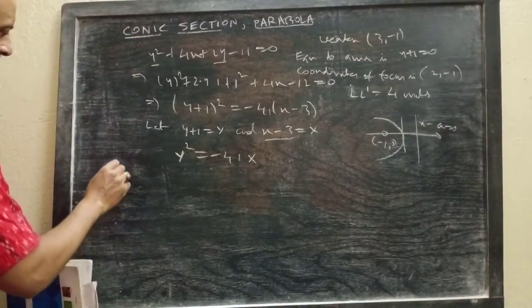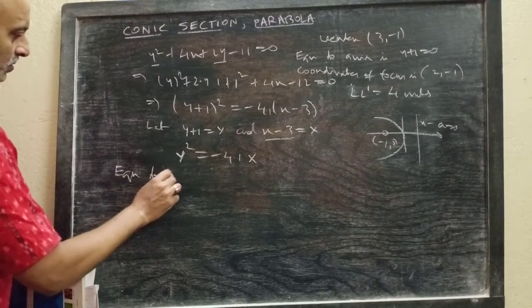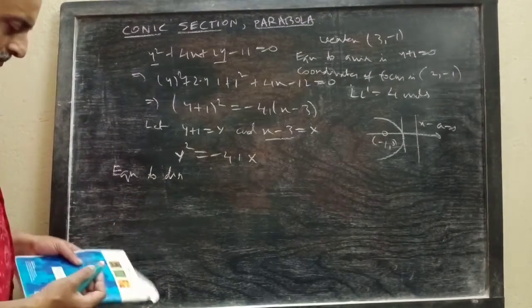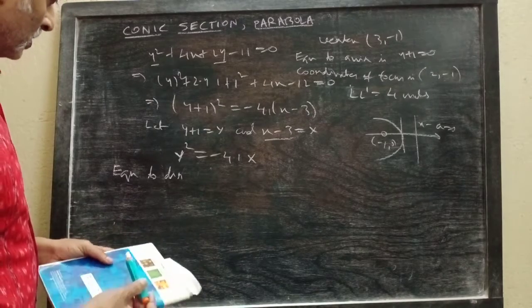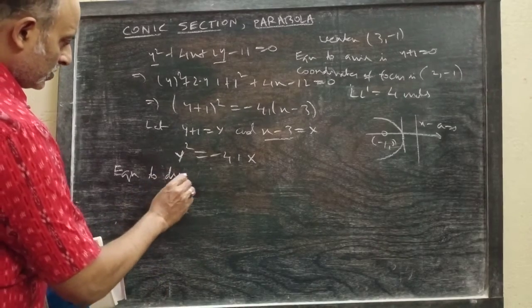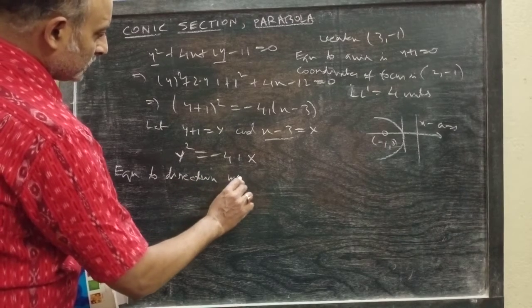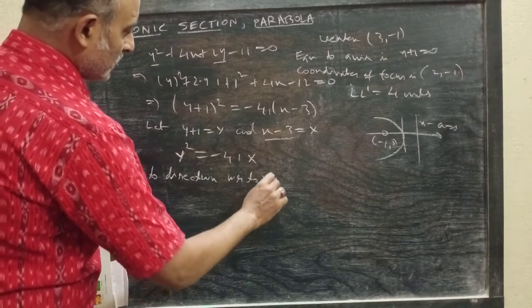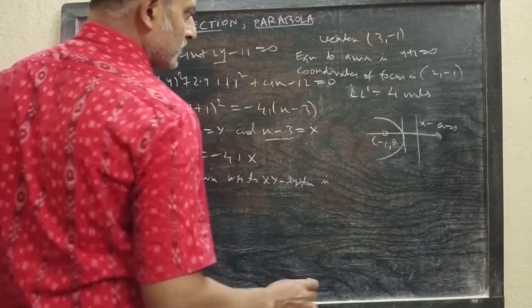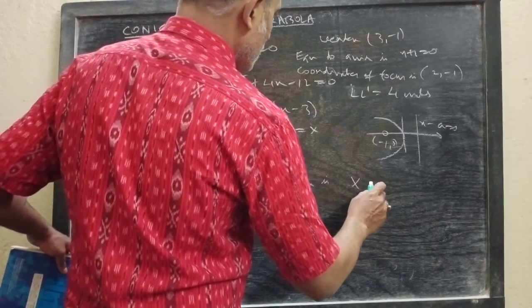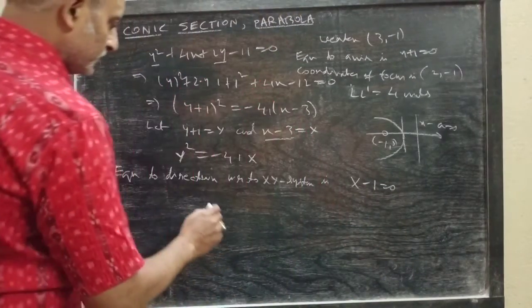So equation to directrix with respect to the big X big Y system is big X minus 1 equals 0.